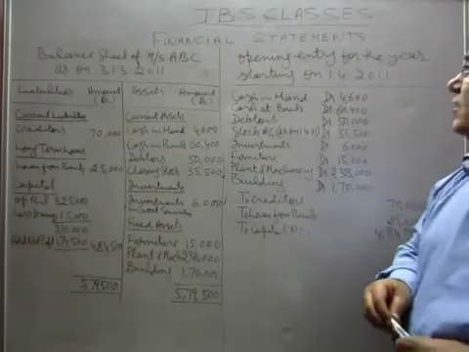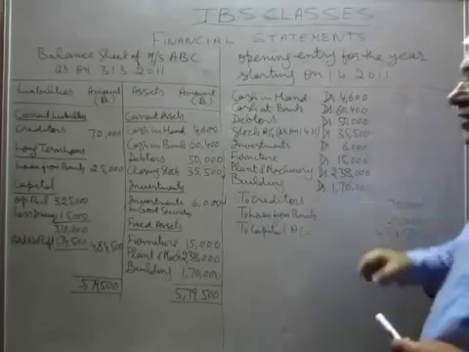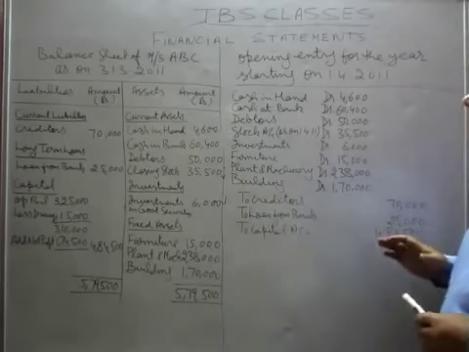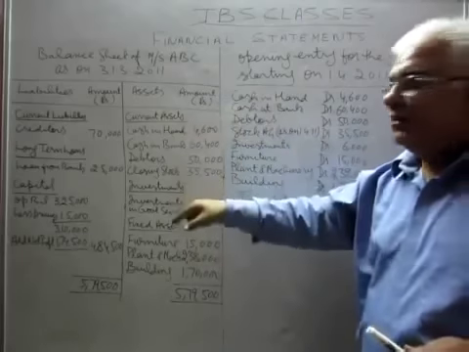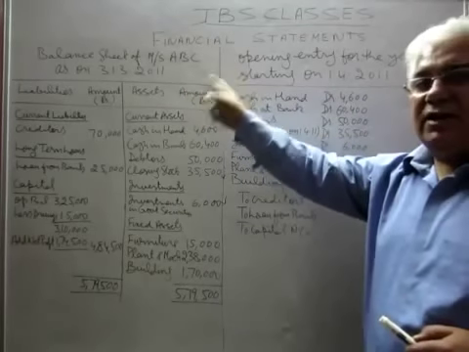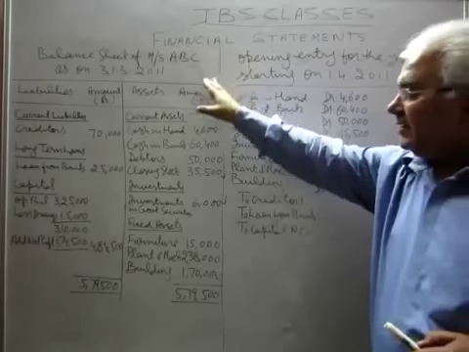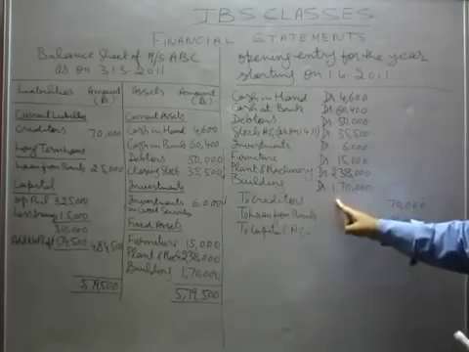Now this is the opening entry for the year 1/4/2011. If you look at it, all the assets in the balance sheet of previous year, that is the balance sheet as on 31/3/2011, have been debited, right?